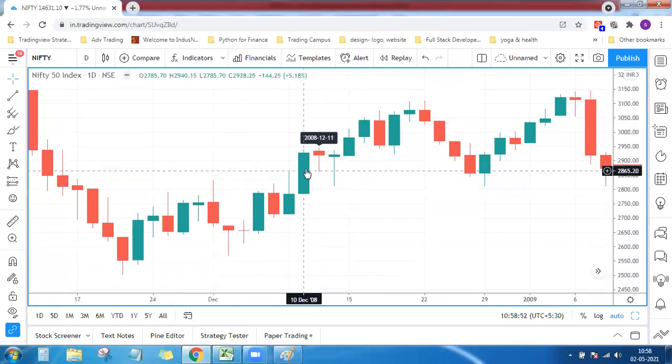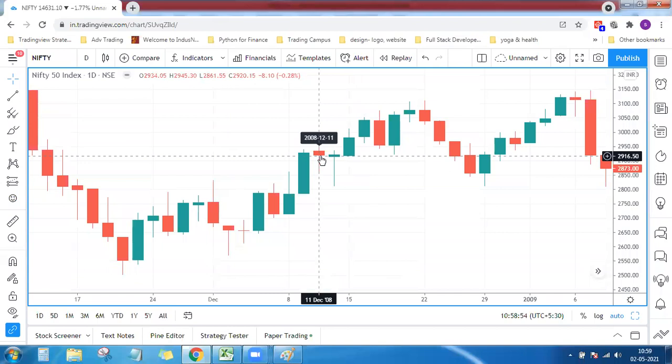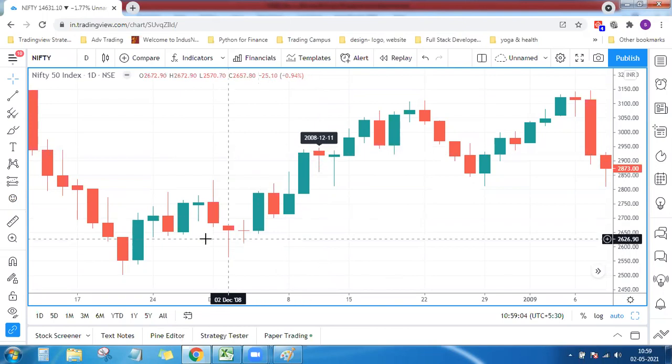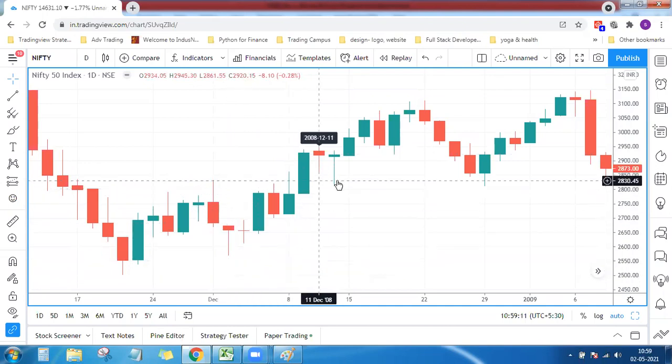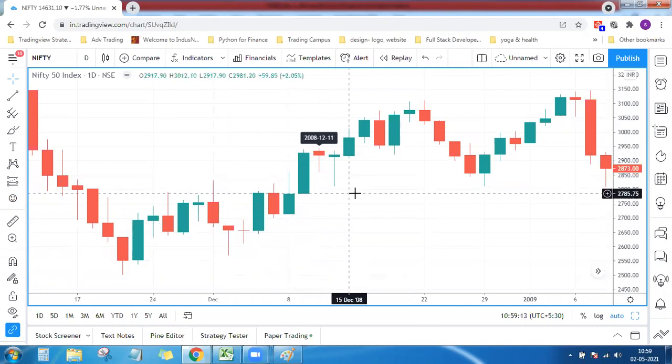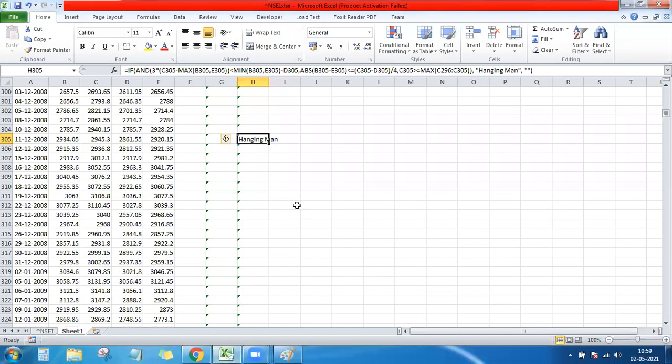After an uptrend, you're able to see that. So since it is a hammer which is occurring at the end of an uptrend, you call it a hanging man. To improve the accuracy further, you can increase the number of candles that you are looking back. Like instead of 10 candles, you can increase it to 20, or even you can introduce a percentage difference. So like this, you can write the hanging man as well.